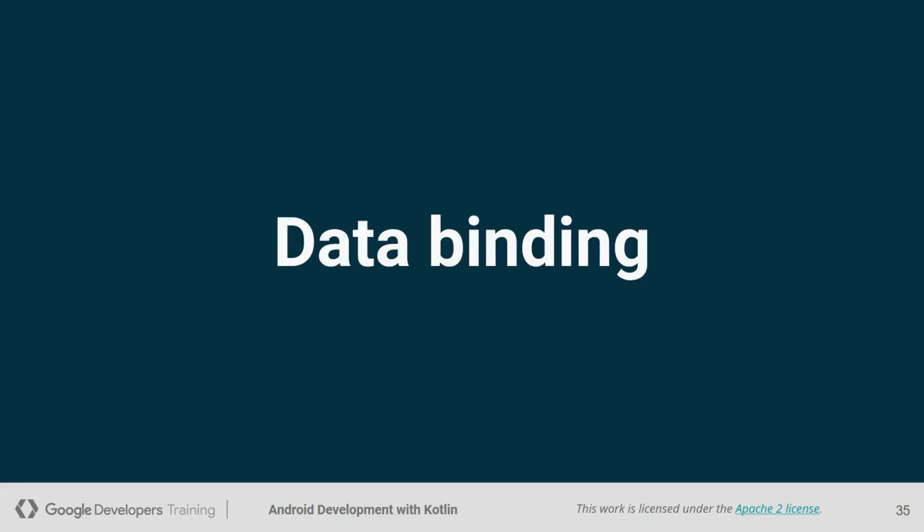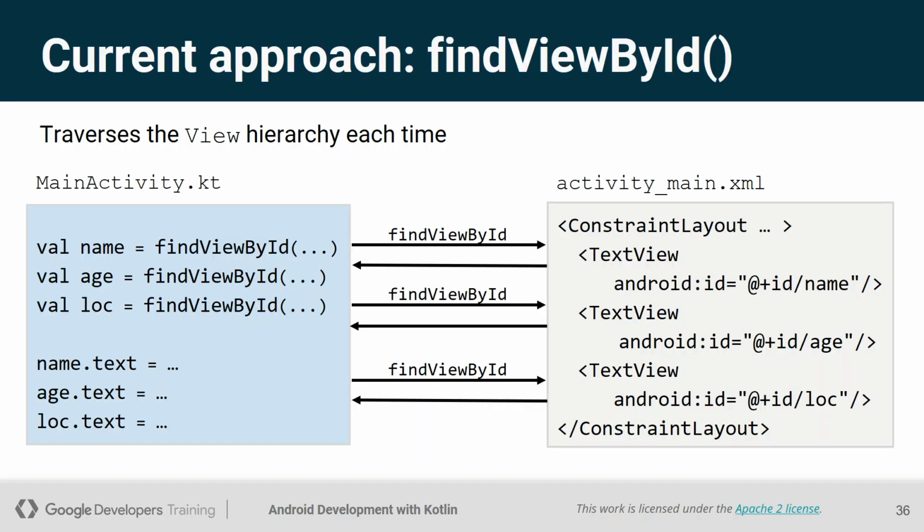Data binding. Let's look at data binding. For you to bind the data, we're talking about traversing the view hierarchy each time, so that when it is about the name, the age, or the location that you want to be displayed, it should be defined well. Therefore, for you to do that, you use what is called find view by ID to be able to get that.